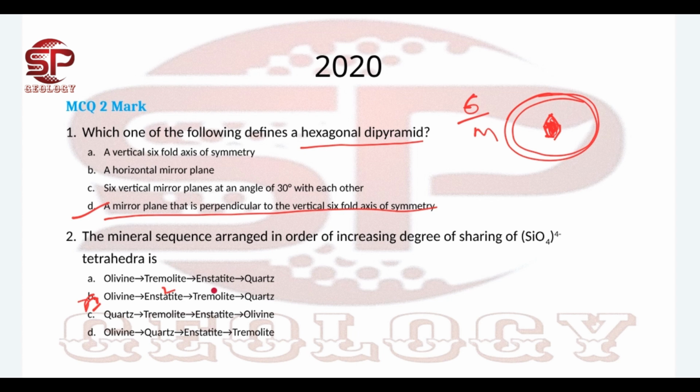Then tremolite, an amphibole, will share 3, or you can say 2. Then quartz will share 4. So the correct increasing order is olivine, enstatite, then tremolite, then quartz.